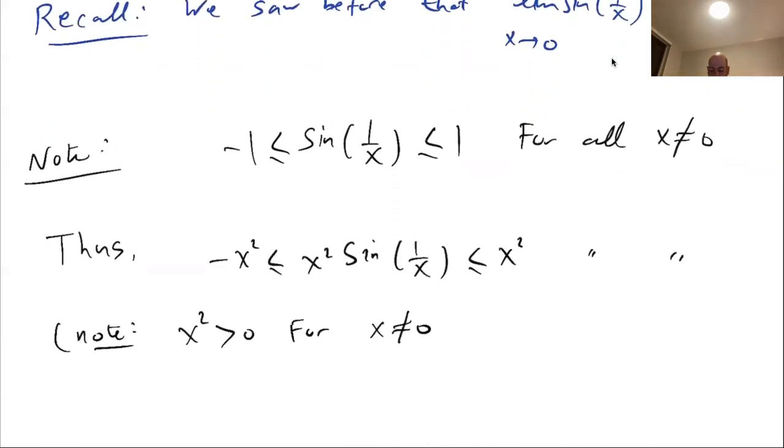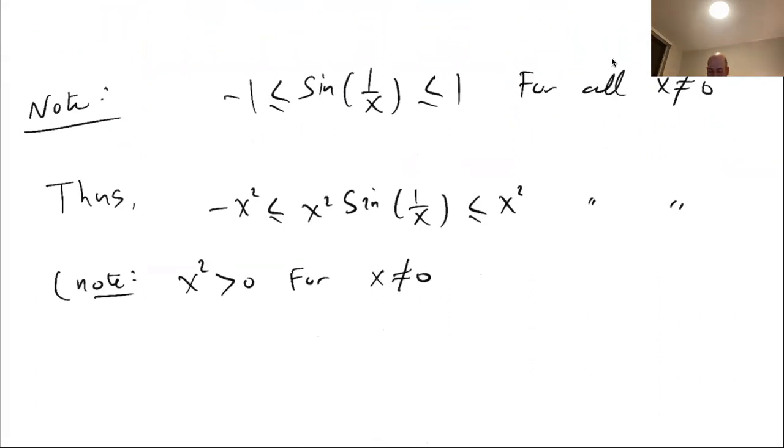So x squared is positive. If we have an inequality and a positive number, we can multiply all sides of the inequality by that positive number. So we can multiply everything by x squared, and we get minus x squared less than x squared times this, less than x squared.